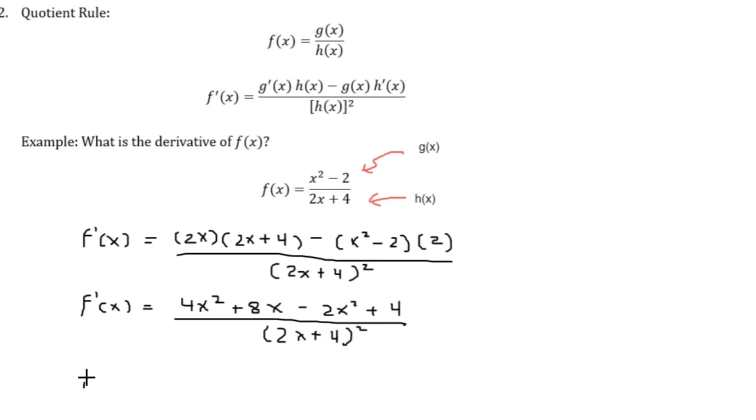We can combine some like terms just to make it look cleaner. So 2x squared plus 8x plus 4, all over 2x plus 4 squared. And that looks clean enough. So we're just going to leave it like that.